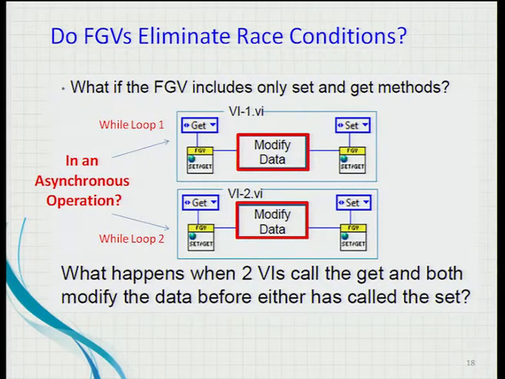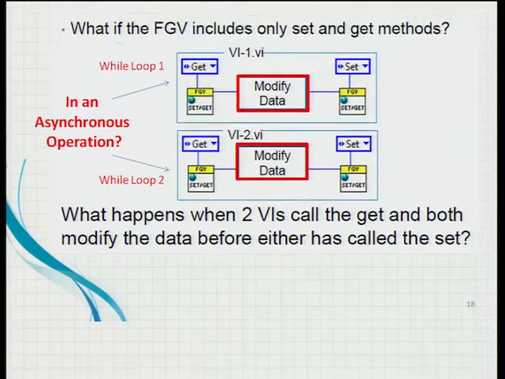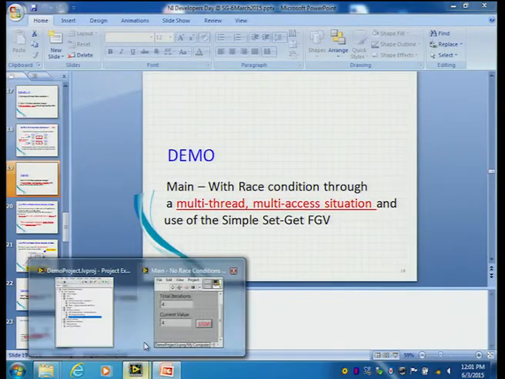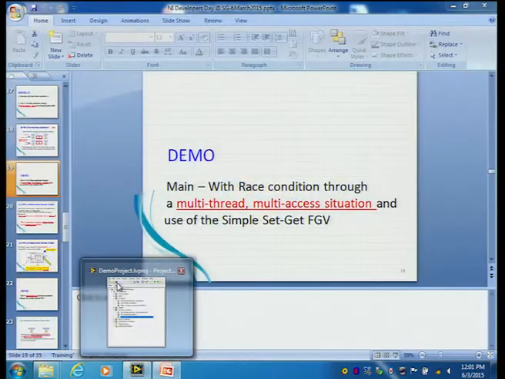When the FGV is called, the other has to hold, and so on. So it's kind of like a flip-flop. So in effect, FGV, in this case, for the get and the set methods, does not solve or eliminate this race condition. So let's have a quick look at this.